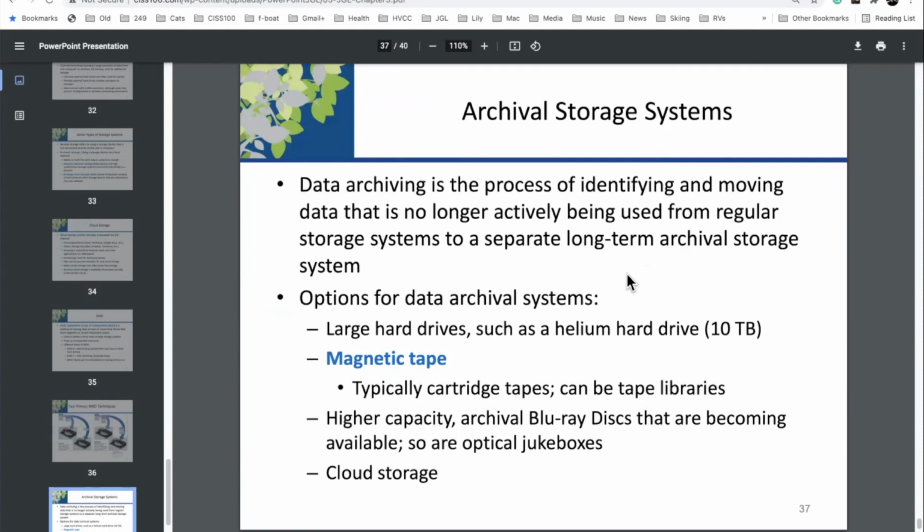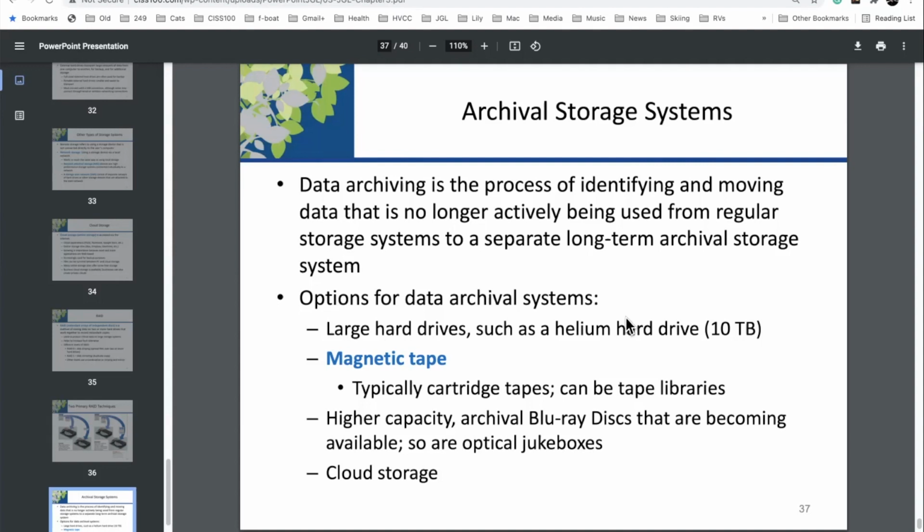Tapes are still used, largely because they're so cost effective. If I need to back up my system every day, I don't want to have 30 separate hard drives to back up for a full month. And then of course I'd have to overwrite them in the next month. Certain organizations need their data, again, to be persistent over a long time and hence archived.